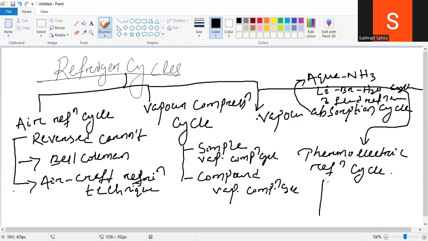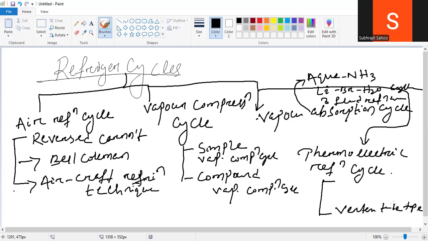This three fluid cycle is also called Electrolux, right? Here in the thermoelectric category, we are going to study the vortex tube type.